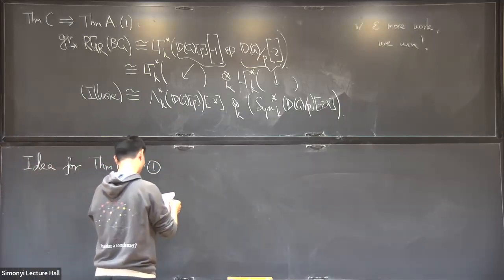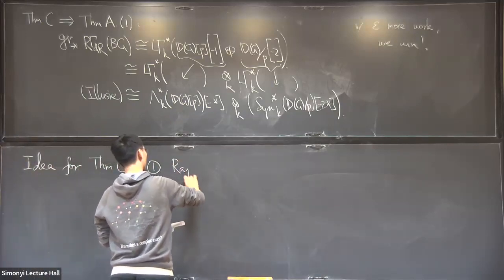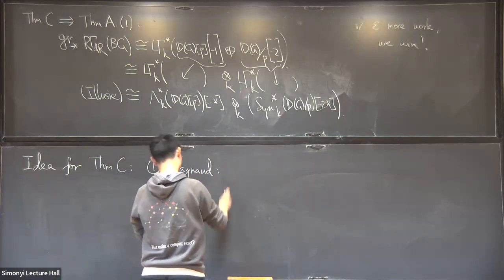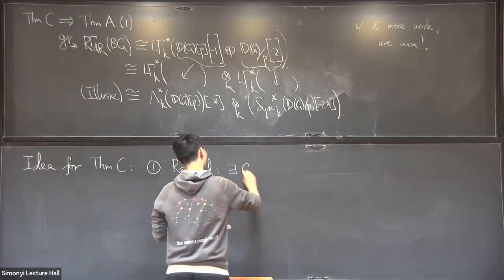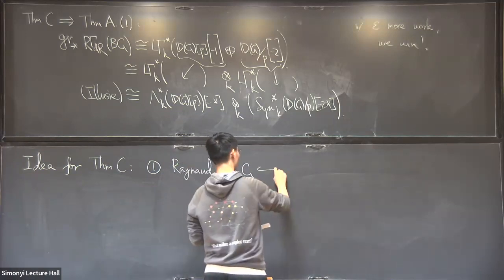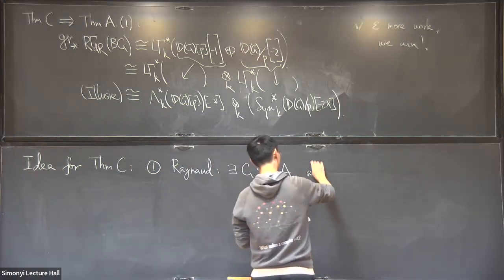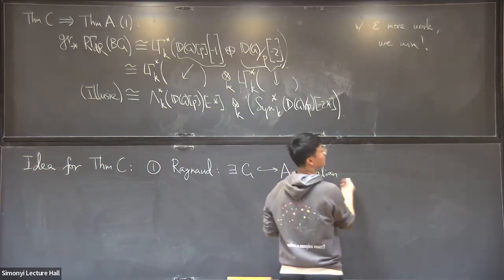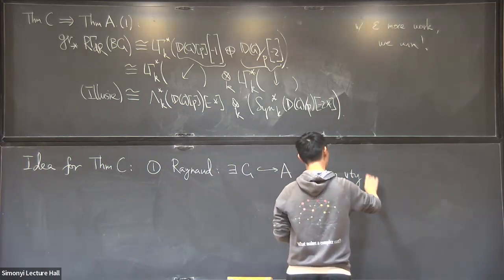And let me just tell you that first of all, by Raynaud's theorem, we know that you can always embed G into some abelian scheme. Or in my case, for a field, I would just say abelian variety.